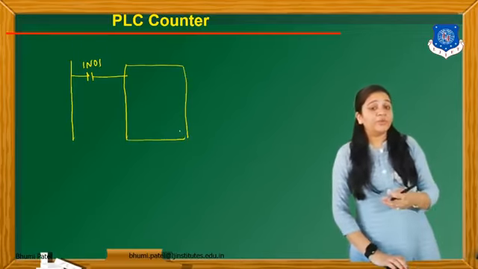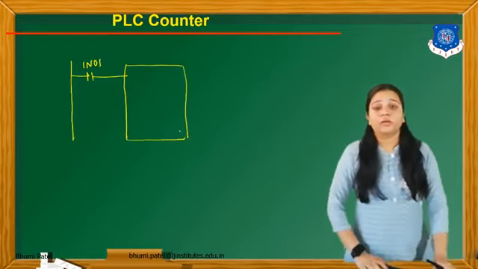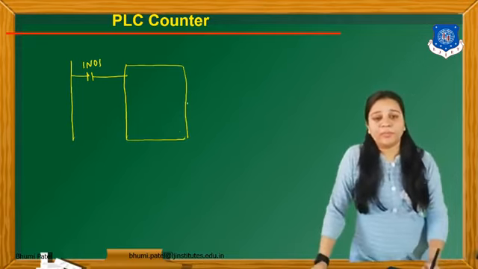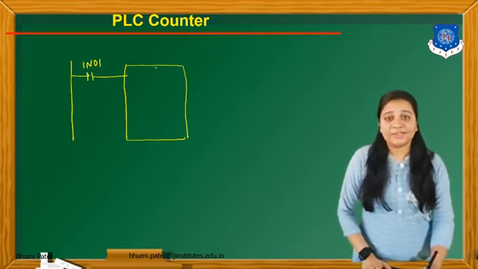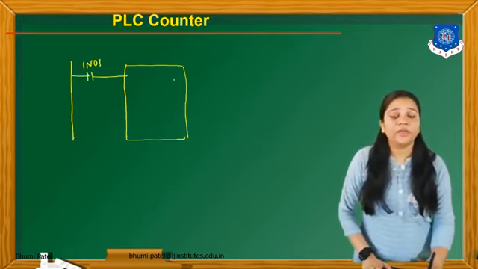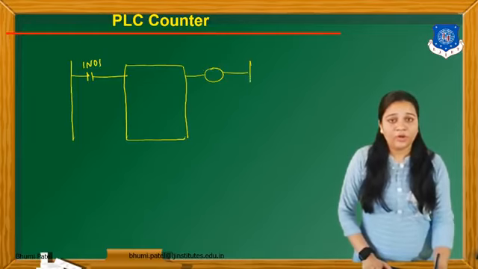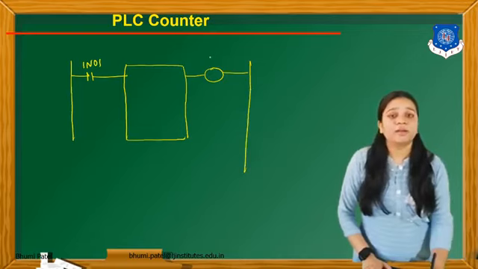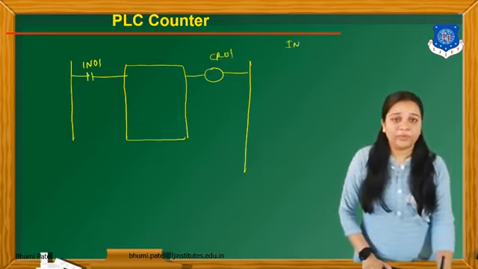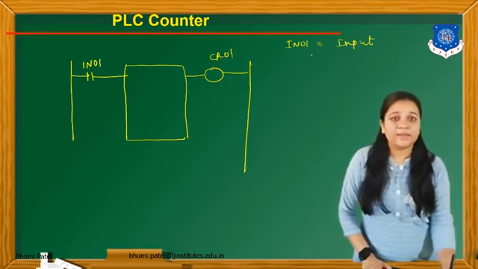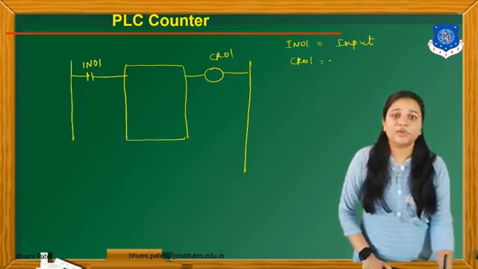Depending upon the software, the drawing of the PLC programming is somewhat different. In our syllabus, the PLC counter and timer are drawn in block format. So we put one block, and after this block, whatever our output is, we connect one output. IN01 is my input signal or input switch, and CR01 is my output coil.